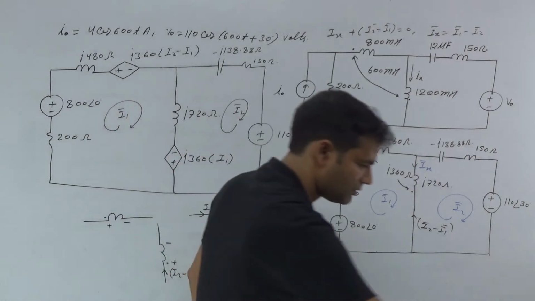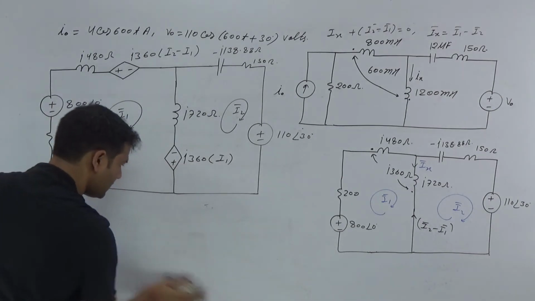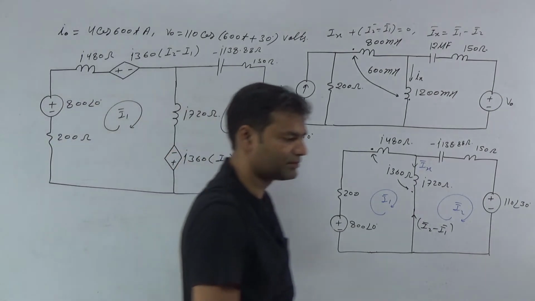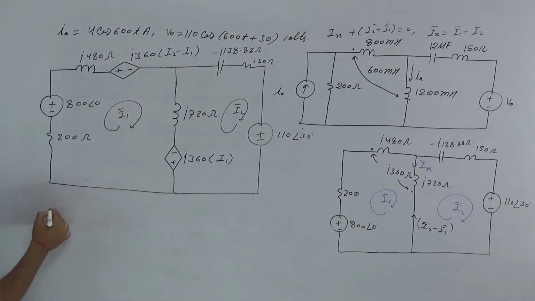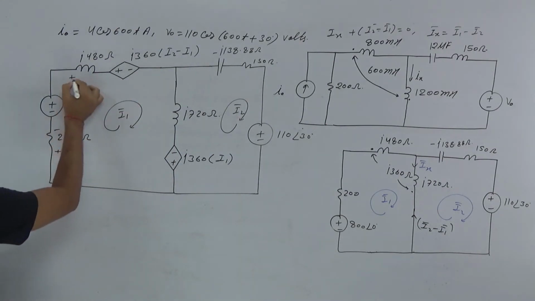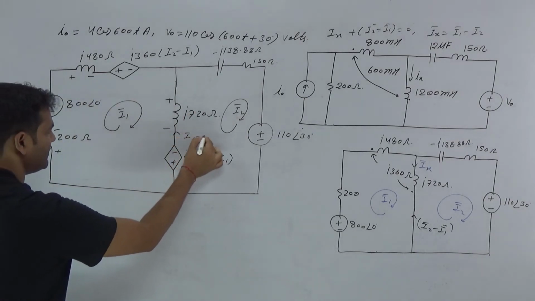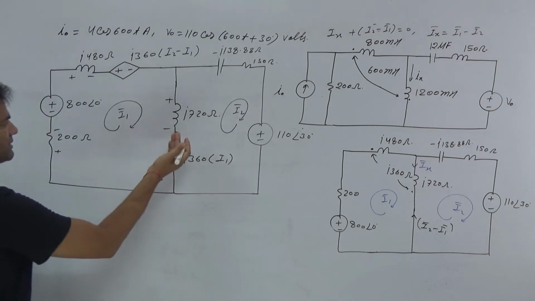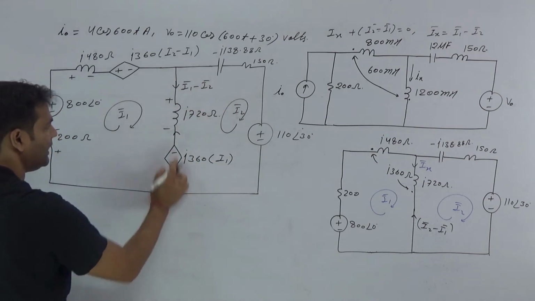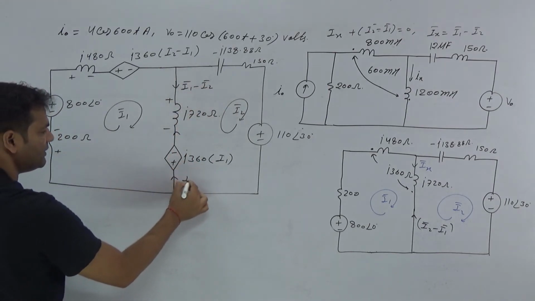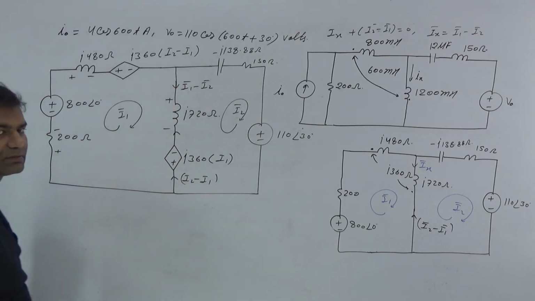Clear? Now our next target is, with the help of KVL and KCL, apply KVL in this loop, plus to minus, plus to minus, plus to minus, and what about current, that is I1, sorry, or you can say I1 minus I2, or I2 minus I1. If you represent here, then I2 minus I1, otherwise I1 minus I2.